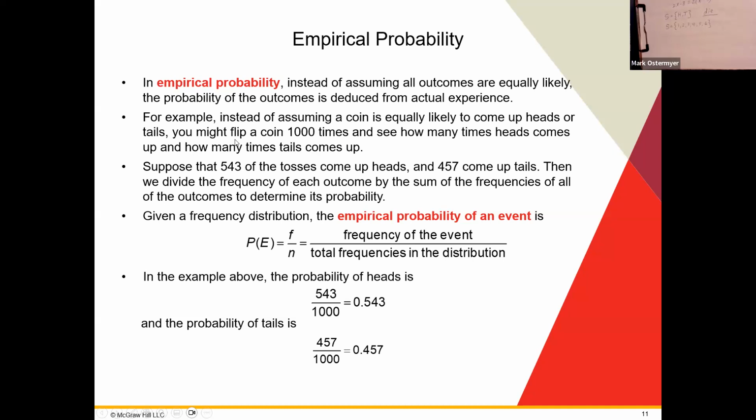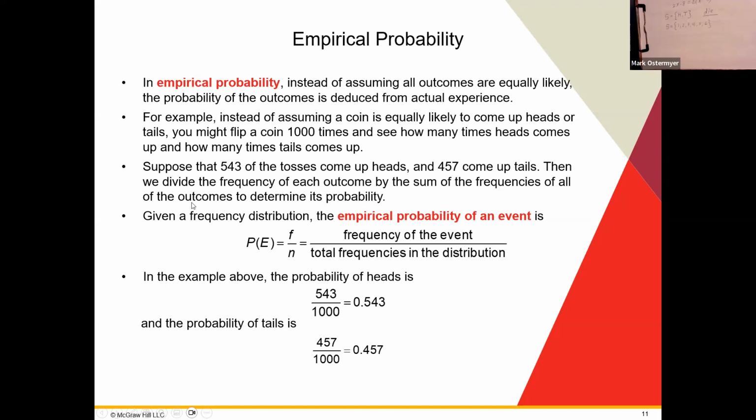All right. For example, instead of assuming a coin is equally likely to come up heads or tails, suppose the coin is weighted in some way, shape, or form. Well, if we know the coin is, let's say, unfair or biased or weighted in any way, then in order to determine various probabilities for flipping that coin, we may want to see how biased it is by maybe flipping the coin 1,000 times and seeing how many of the 1,000 trials yielded heads.